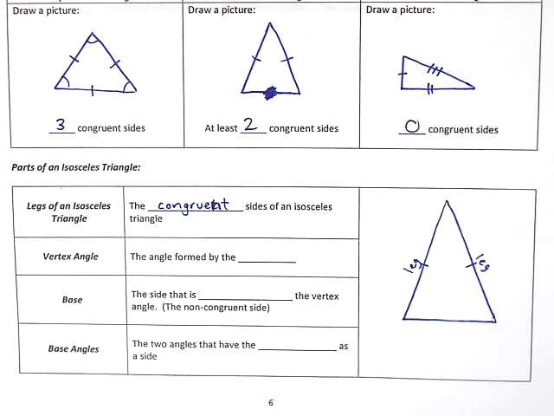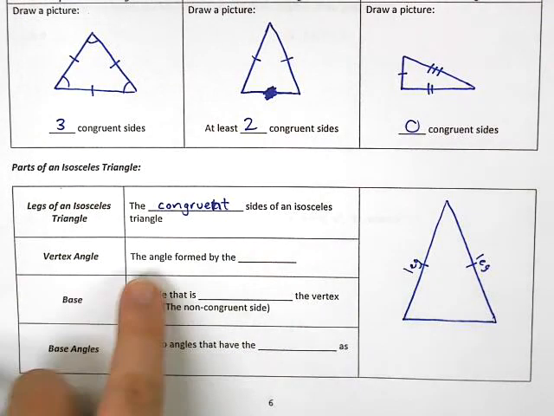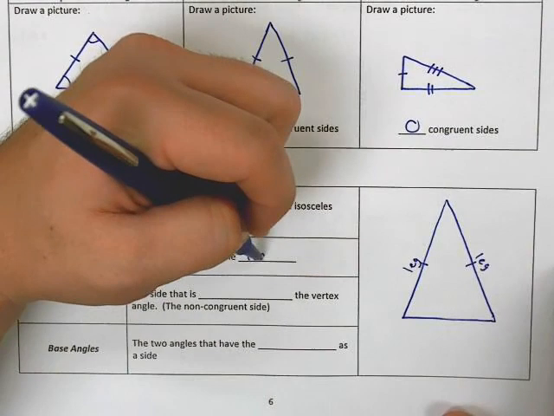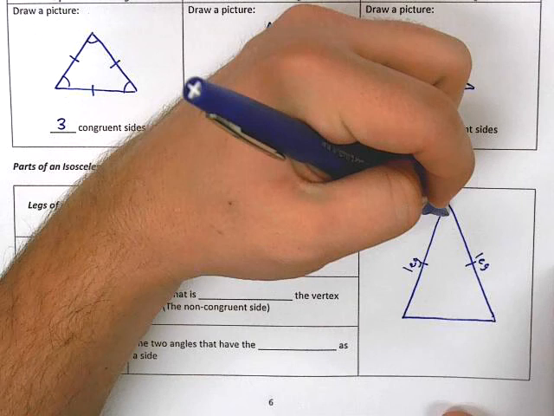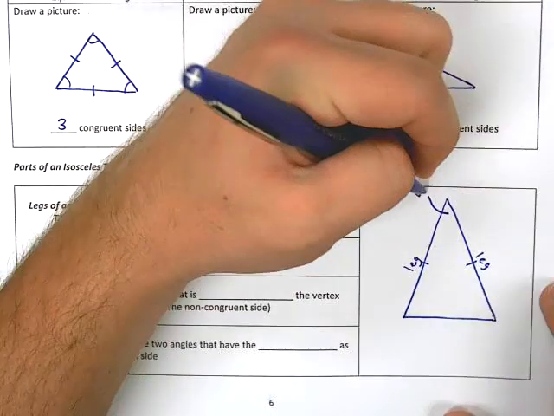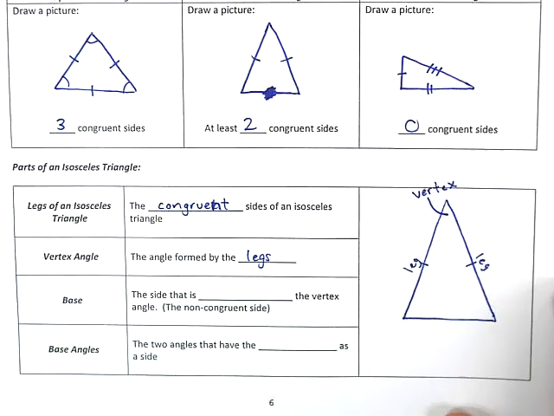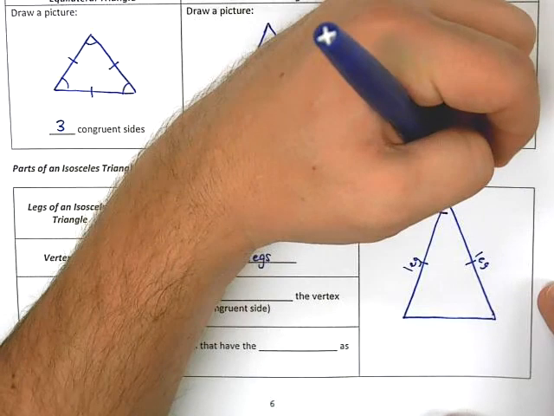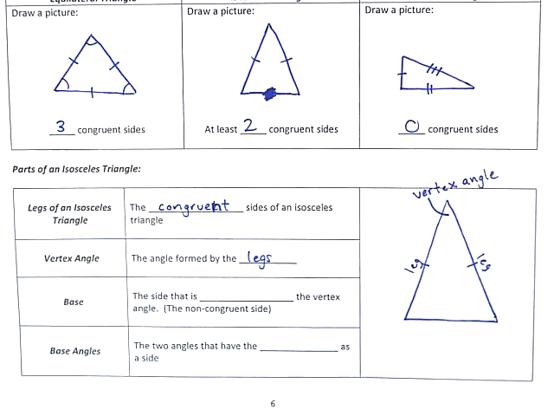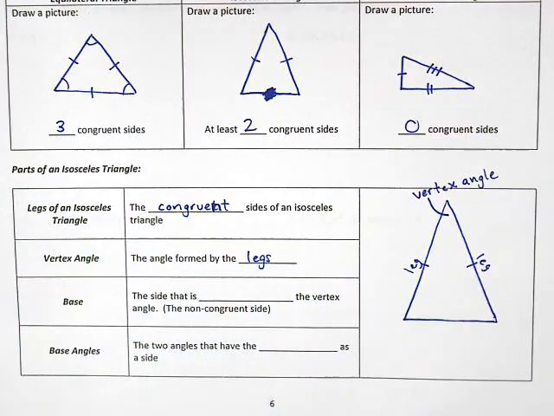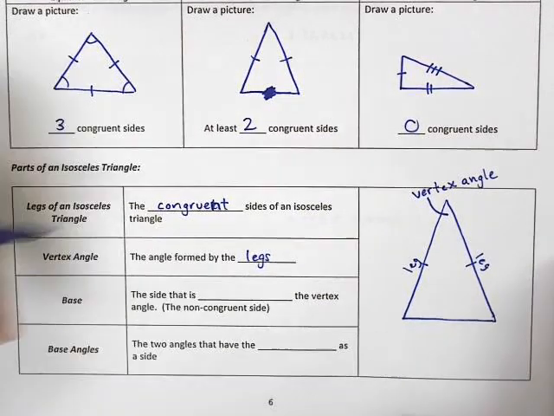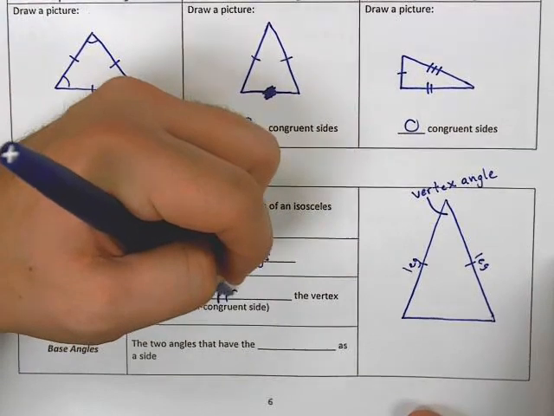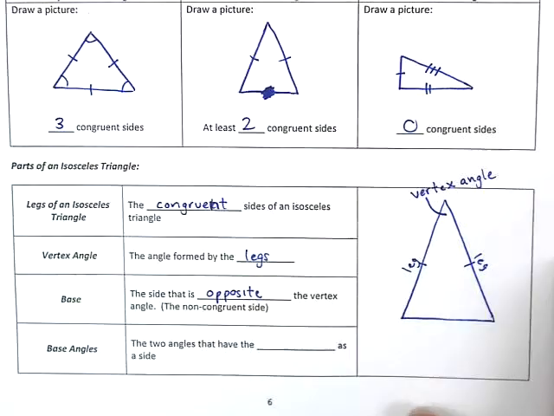All right. Vertex angle is the angle formed by the legs. So right here, that's our vertex angle. The base is the side that is opposite the vertex angle, okay?